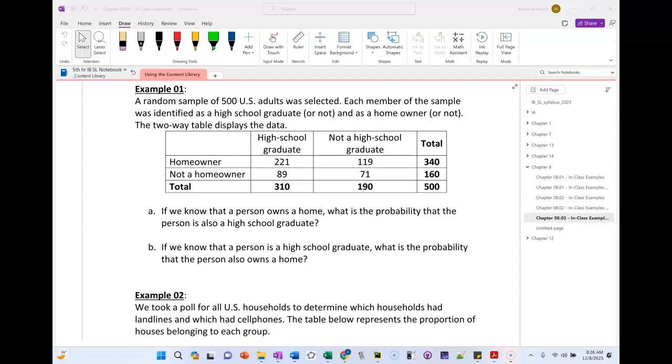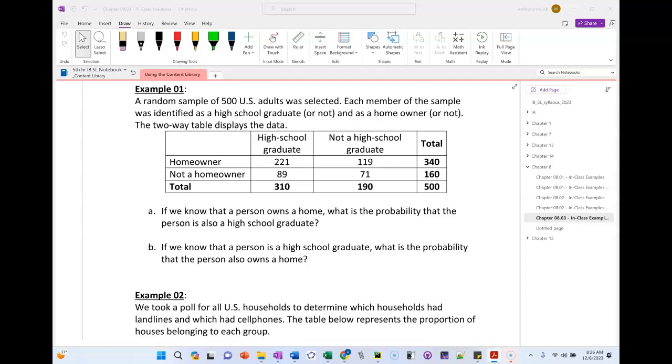Or just tell me how to get the, you can represent the probabilities as fractions, seems more appropriate in this problem. So that would be 221 over 310.